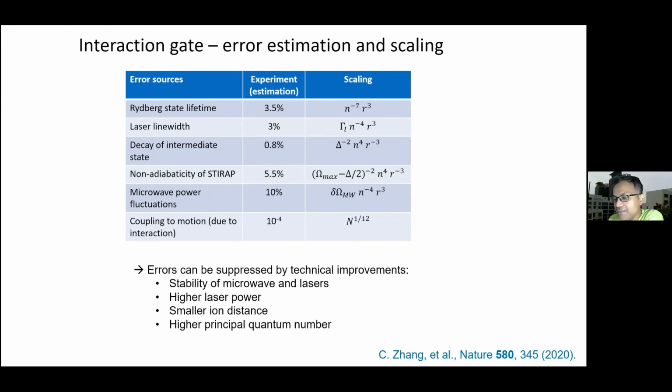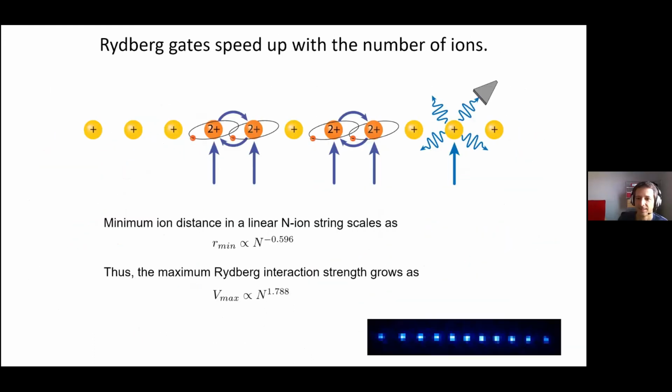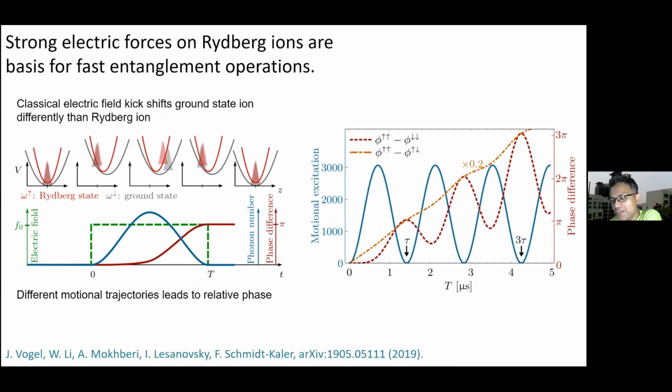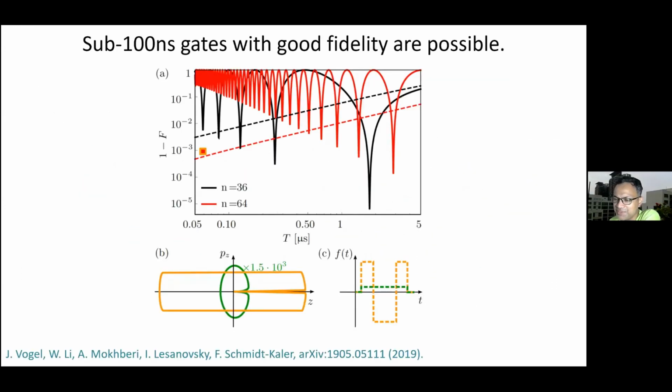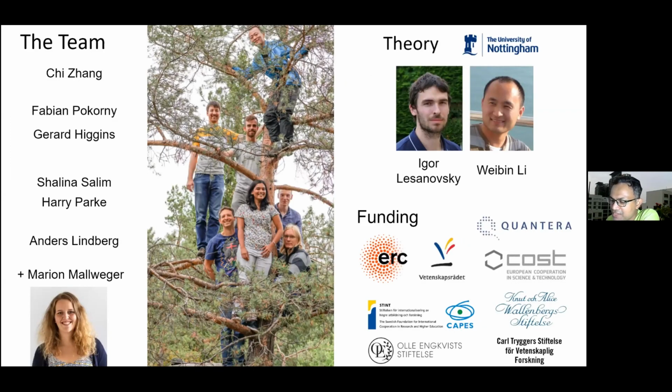Okay, if I may ask one question, can you go a few slides to the front? So meaning towards the end. The last one probably. Yeah, here. So you show here two Rydberg excitation lasers, right?